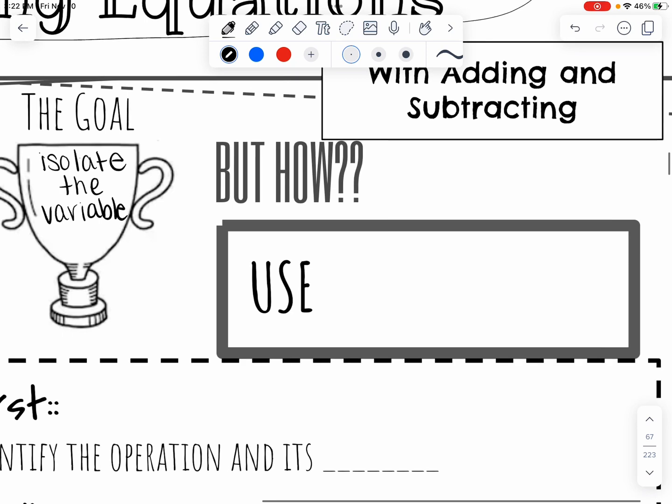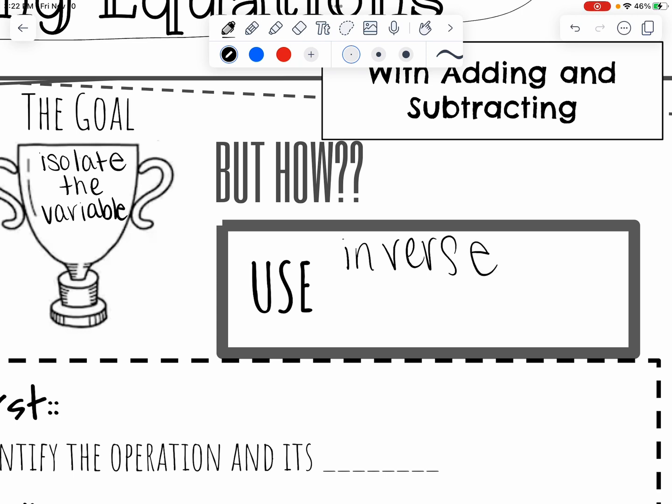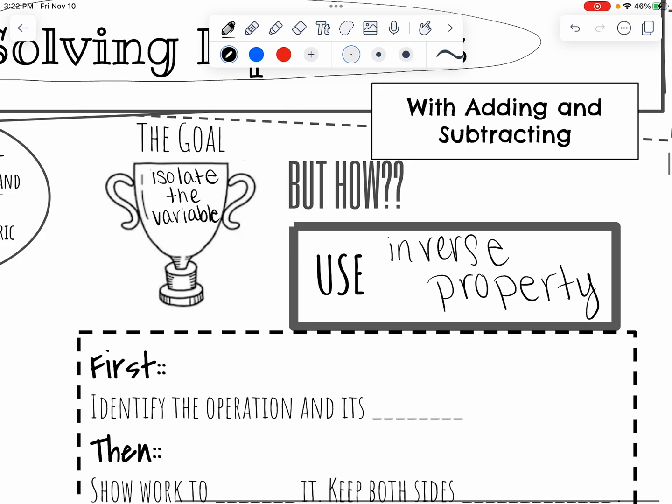We use inverse operations. So remember the inverse property of addition? We're going to use the inverse property. Think of the opposite operation that's going on.